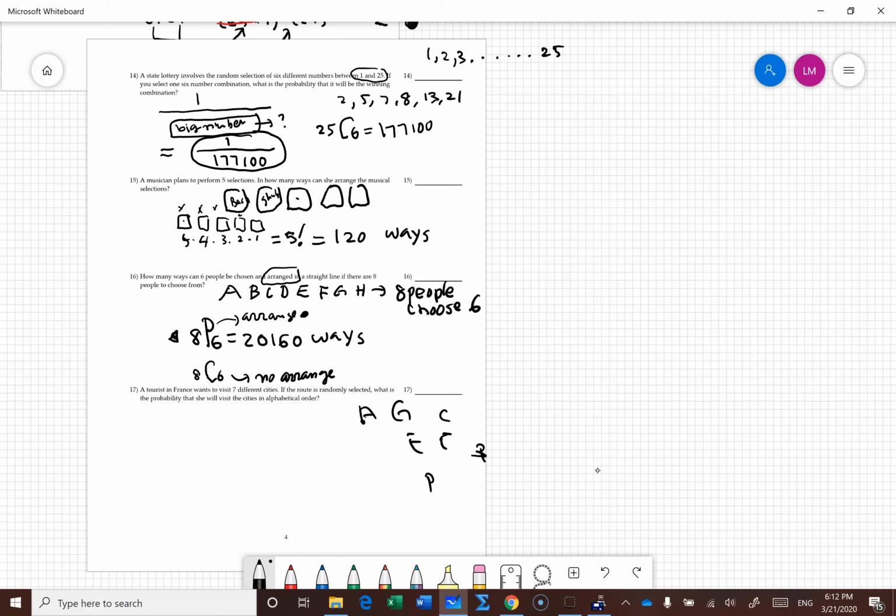Then you only have one way to do that, A and B and C and D and E and F and G, only one out of 7 factorial. It is a very, very small number because it is 1 over 7 factorial.